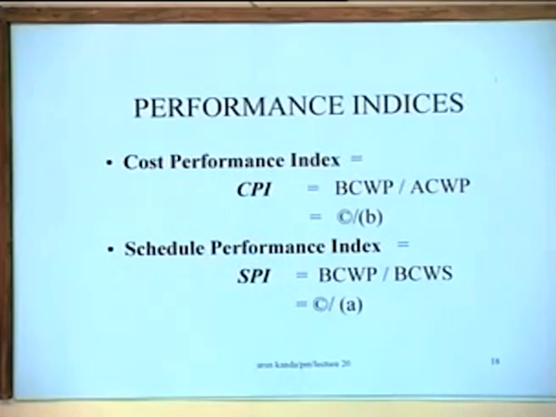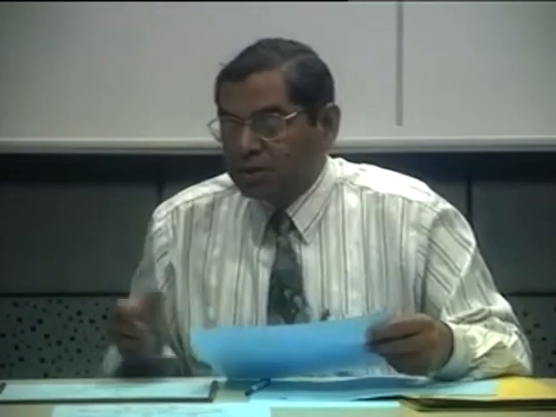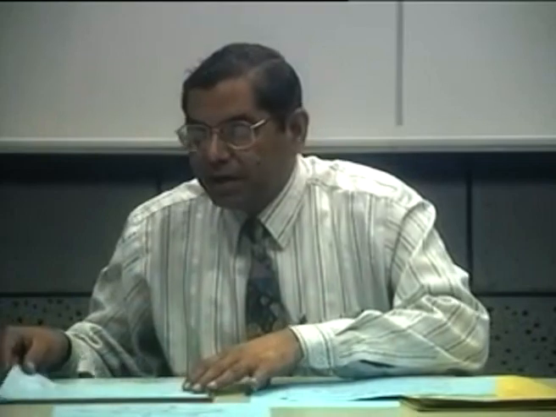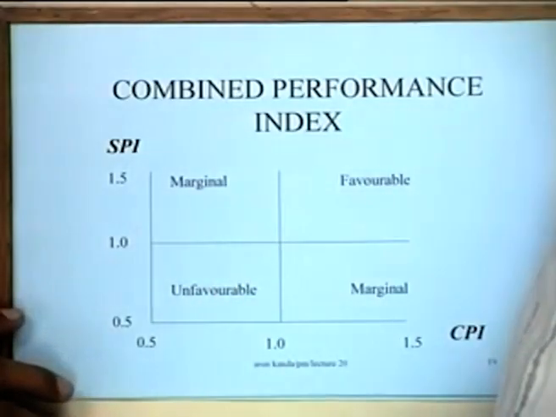What can then be done is the cost performance and the schedule performance indices computed in this manner, because the project manager is interested in both these bits of information together. So it's good to look at both of them together. What is normally done is you can have a graph which would typically be like this.